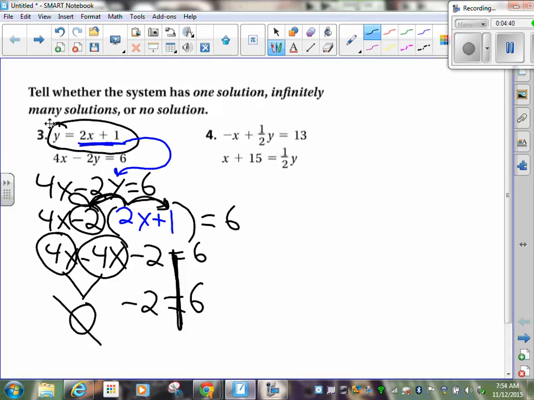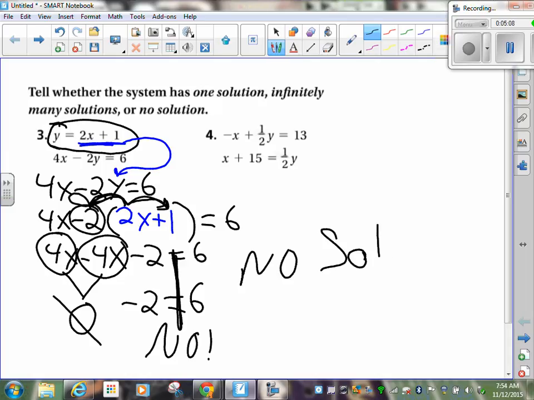Ask yourself. Take 10 seconds to think about it. Does -2 equal 6? What do you think? No. You got to shake your head on no. It doesn't. They're not the same. So you can say, no, and what is my answer?